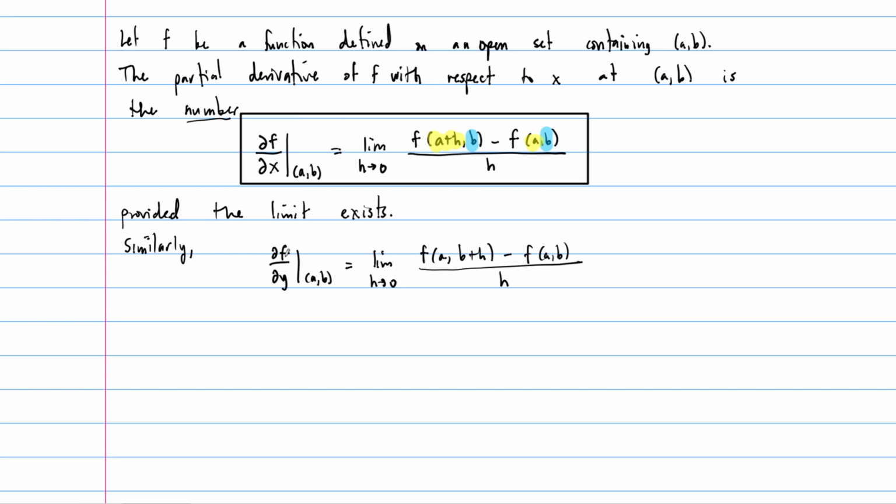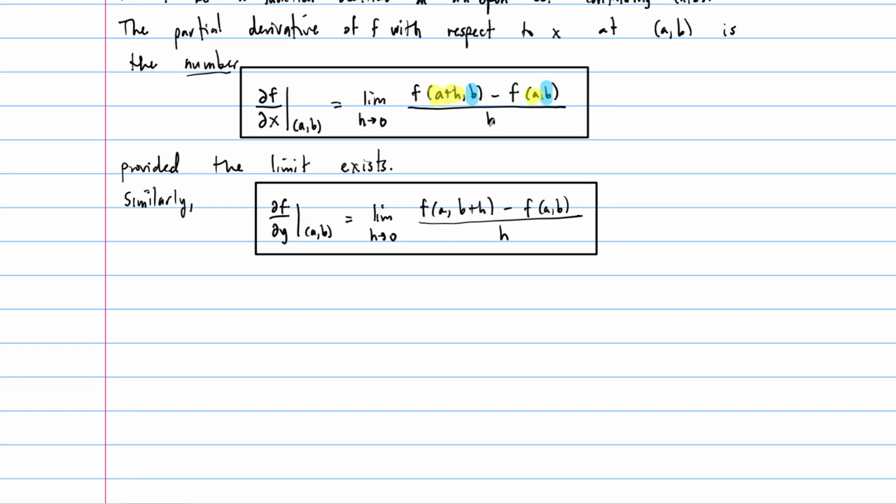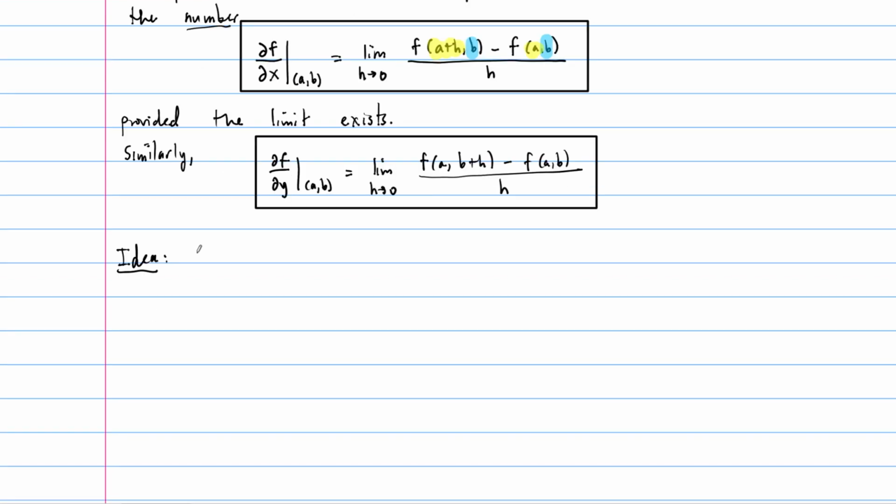And you will notice that these are exactly the limit definitions of derivative in the respective coordinate or component only. So we fix one component, and then we take the derivative with respect to the other one. Okay, so there's the idea. Let's write that down, and then we'll talk about notation, and then we'll do some examples here. But the idea is the following.